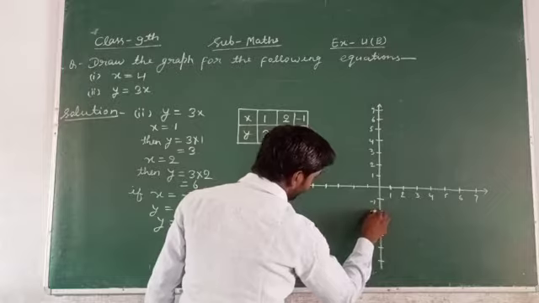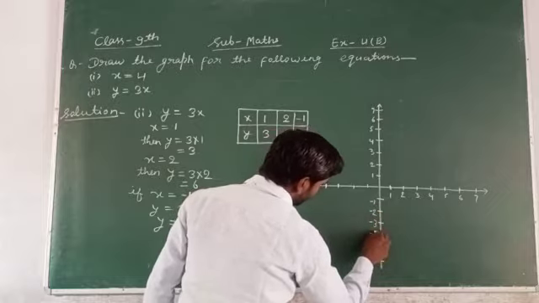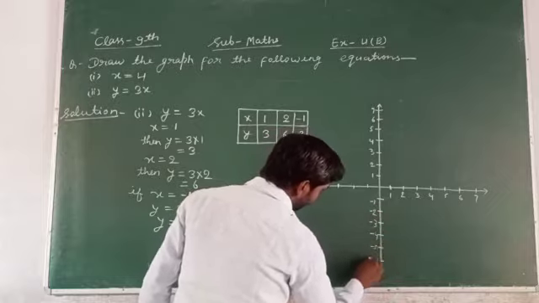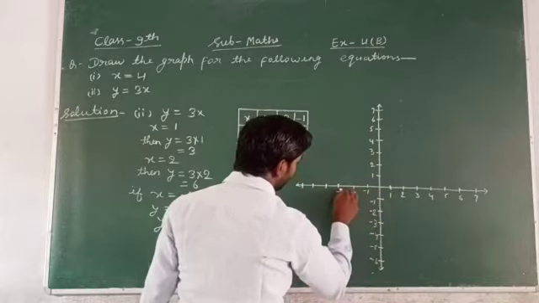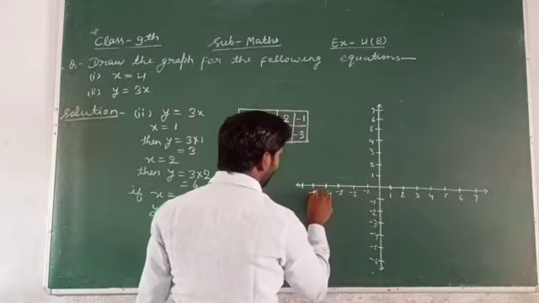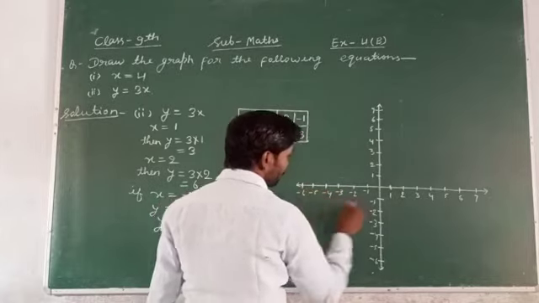So this one will be -1, -2, -3, -4, -5, -6. This one also minus 1, minus 2, minus 3, minus 4, minus 5 and minus 6.